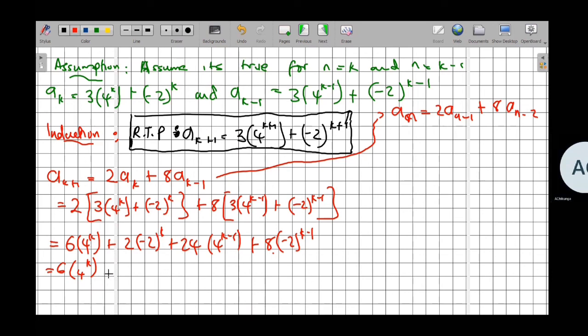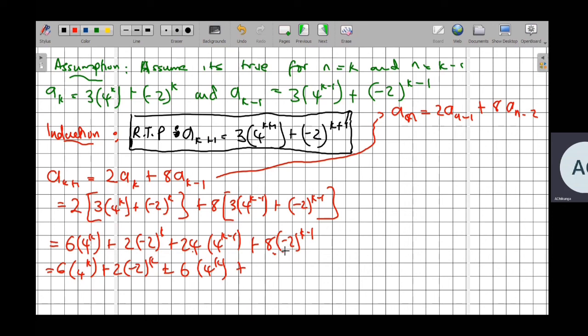Divide the 24 by 4. That's plus 6. So you want to divide the 24 by 4, it's going to give you 6 times 4^k. So this is going to be 6 times 4^k. And what about this one? This one becomes minus 4.